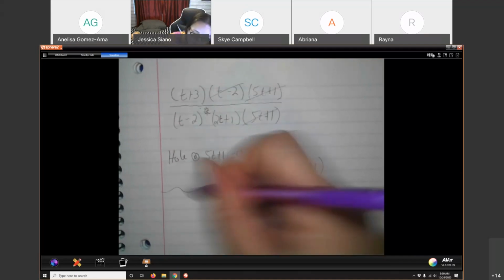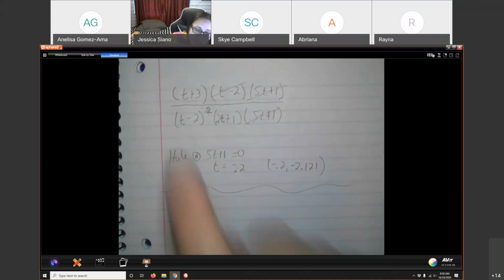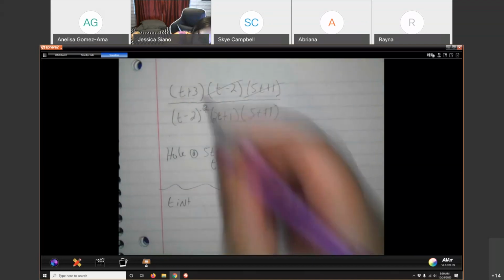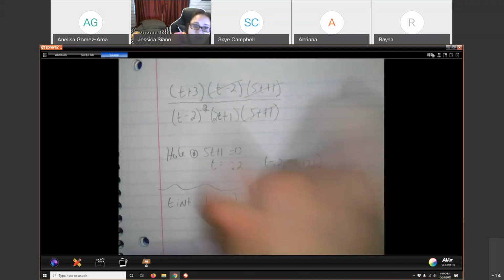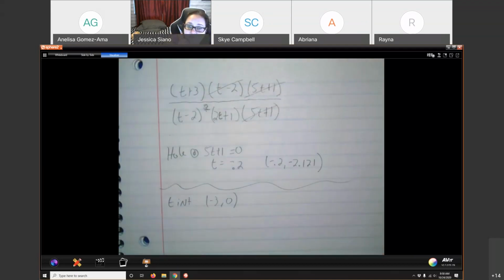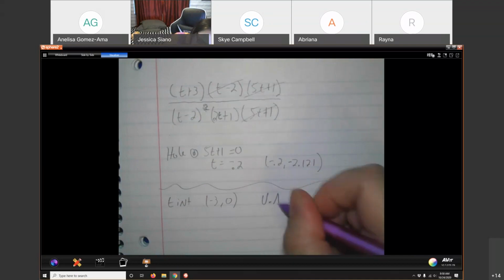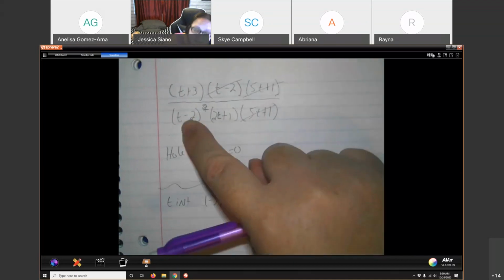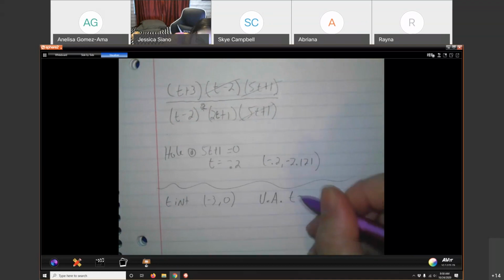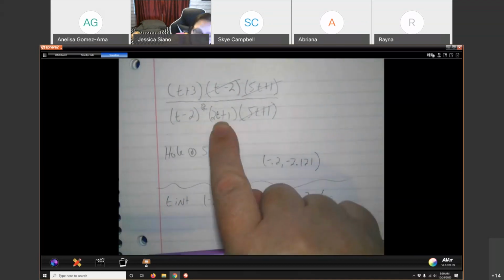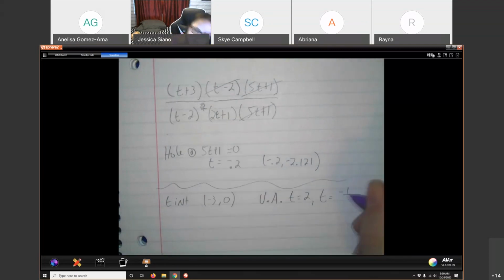So then here's what I know. I know that I have a t-intercept at negative 3, 0 because of this factor right here. And I know that I have vertical asymptotes at t equals 2 and t equals negative 1/2 when I set it equal to 0 and solve.